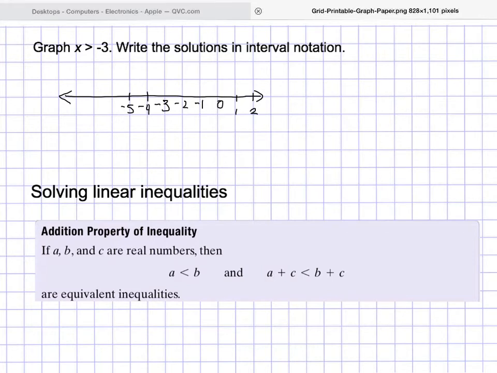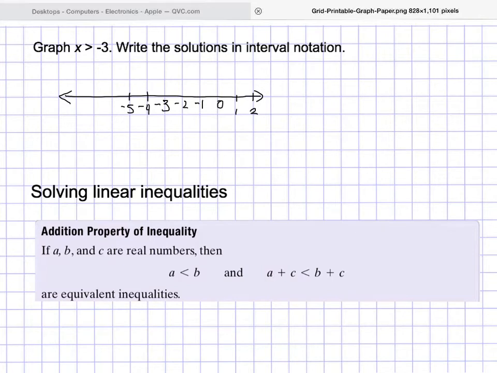To graph x is greater than -3. Now remember, we want every number that's greater than -3. We can't list them all, so we have to graph it. So graphing -3, but are we including -3? Is there an equal sign? Is it greater than or equal to? No, it's just greater than. So we put a parentheses facing which way? We're going to put it with our curve.